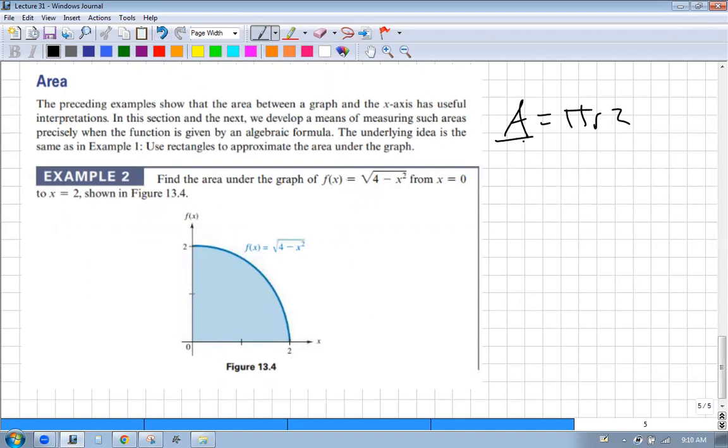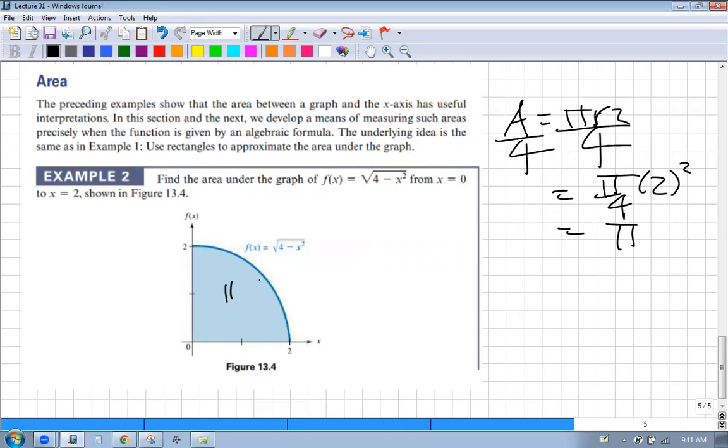Since this is a quarter of it, we just need to divide it by 4. In this case, our radius is 2. So pi over 4 times 2 squared, which is pi. That's the area of this guy.